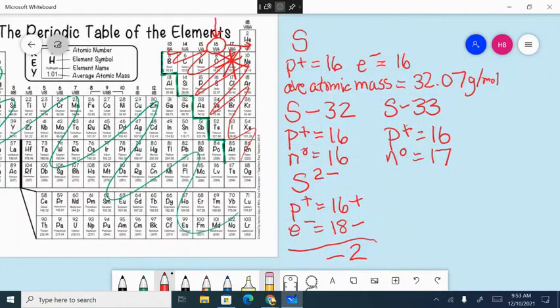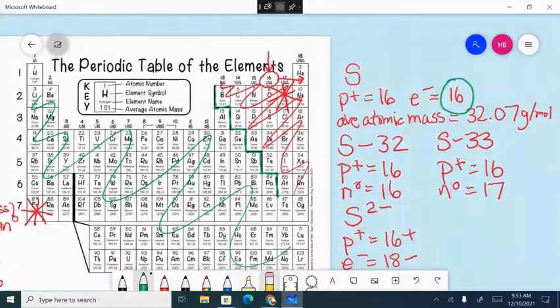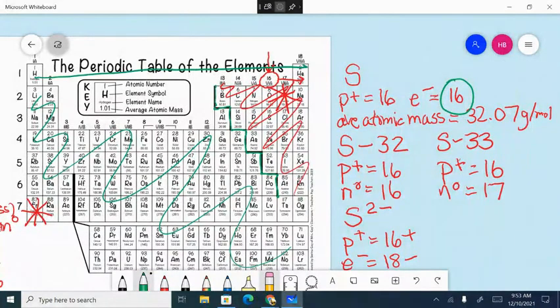I'm also going to add on to here real quick the electron configuration for our 16 electrons. So remember, when we do electron configurations, we start up here, we fill up the first principal energy level, then the second principal energy level, and then we'll go almost all the way through the third until we get to 16 electrons.